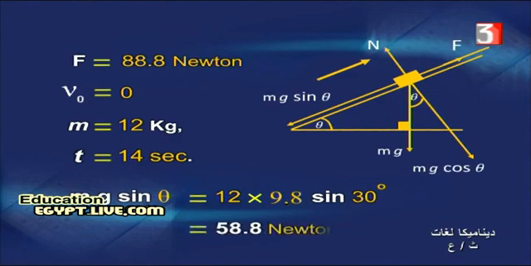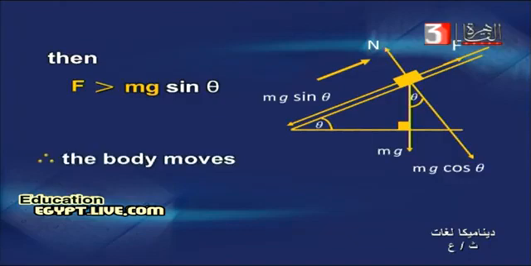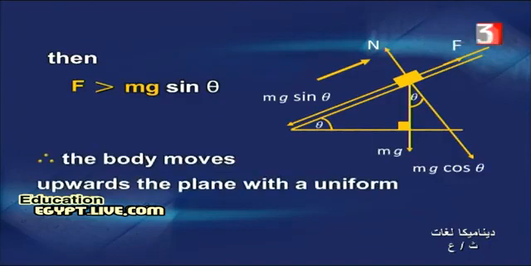For the reaction of the plane, N equals mg cosine theta, which is 3 over 5, plus the component of F. Then N in Newton over 9.8 gives the magnitude of the reaction in kilogram weight, which equals 13 kilogram weight.